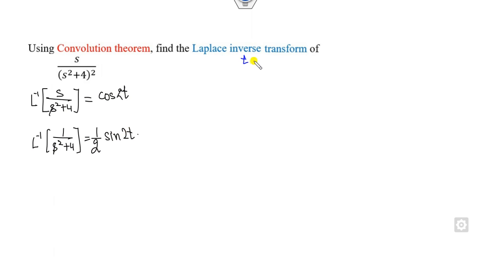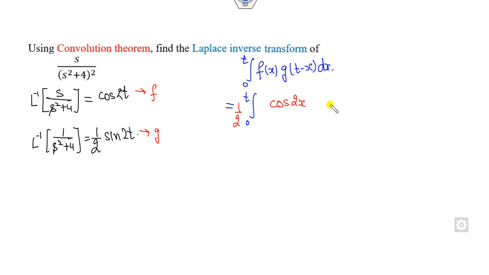So I can use this integral of f(x) g(t minus x) dx. So I can choose any one of the f, any one of the g. So I can choose this as my f and this as my g. So when I substitute g, half will be common. So cos of 2x sine of 2t minus 2x.